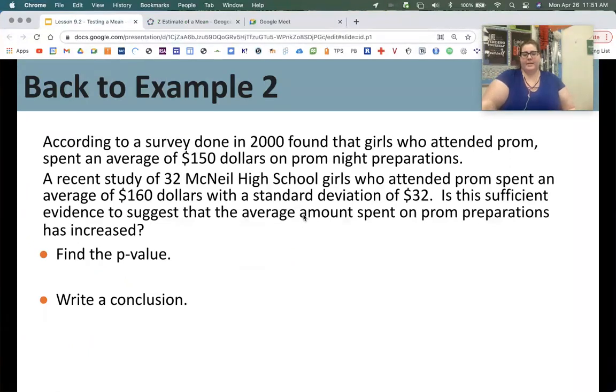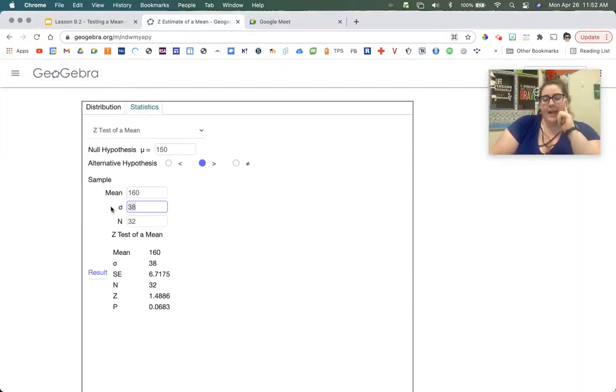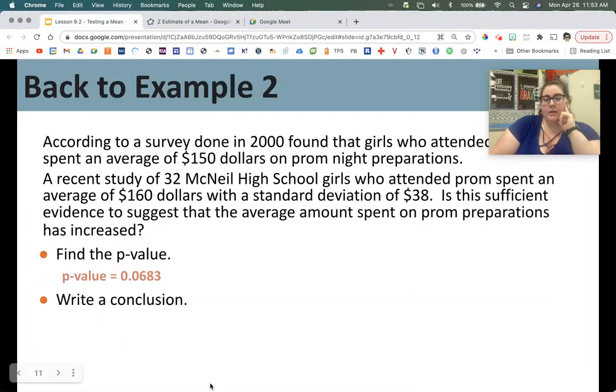Now I'm going to put in my sample data. It says 32 McNeil High School girls. That's our sample size. The average of the sample was 160, and the standard deviation was $38. When I do that, we get a p-value of 0.0683.